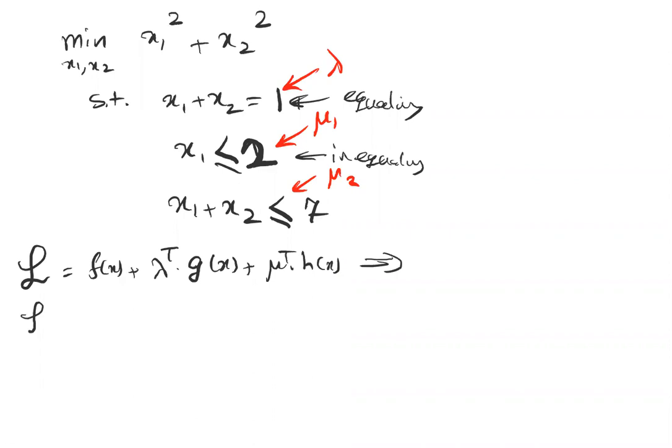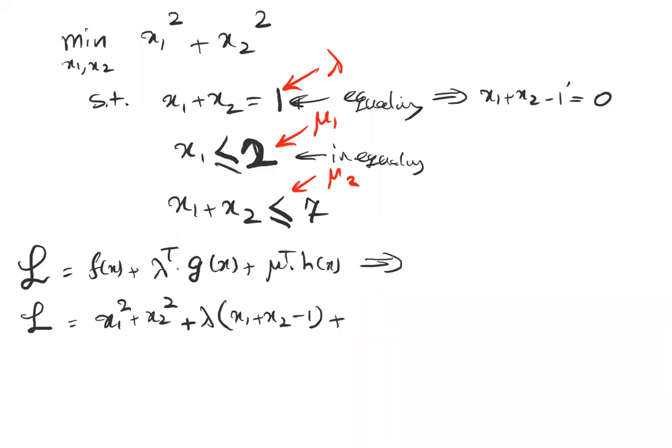So given this, our Lagrange function is going to be x1 squared plus x2 squared plus lambda multiplied by x1 plus x2 minus 1. So this one leads to x1 plus x2 minus 1 is equal to 0. We call this g of x. This one leads to x1 minus 2 less than or equal to 0. This one is h1 of x.